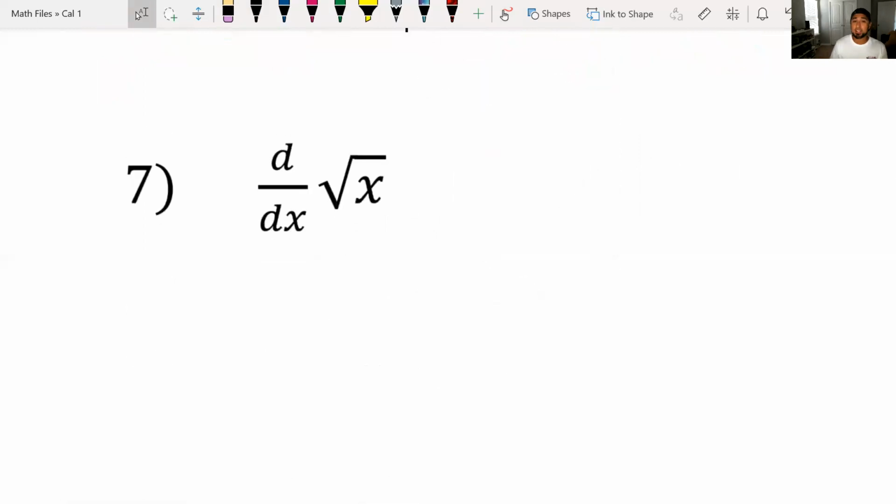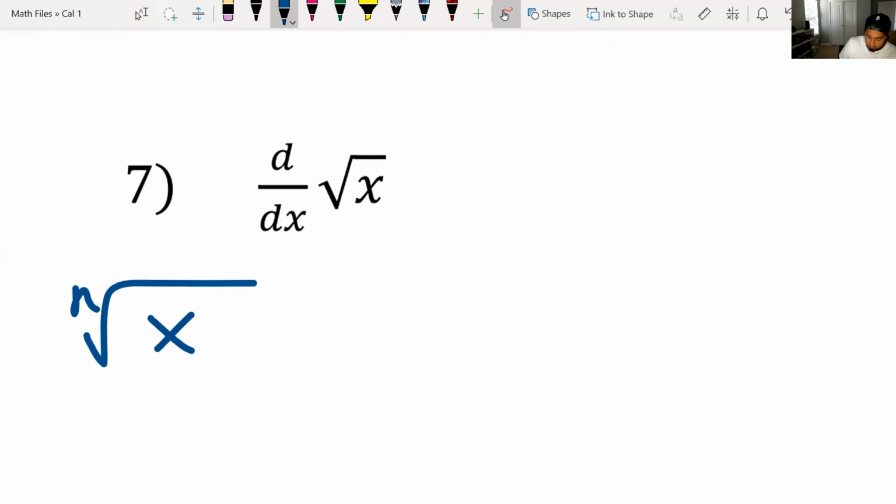Seven, d over dx of the square root of x. Okay, well, we can't take the derivative in this form, so we must rewrite algebraically again. So another algebraic property. Remember that the nth root of x can be rewritten as x to the 1 over n.